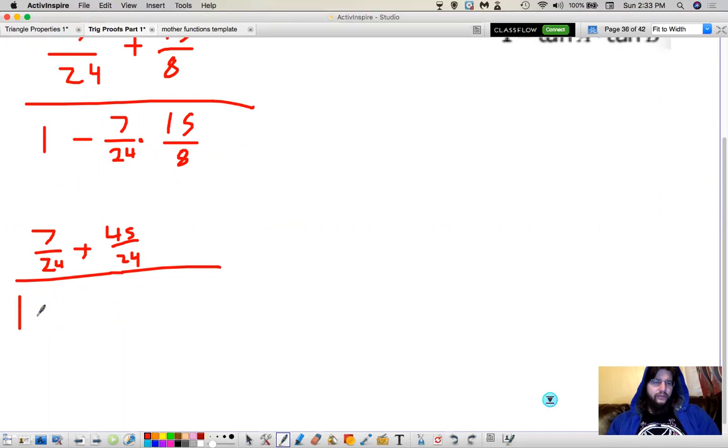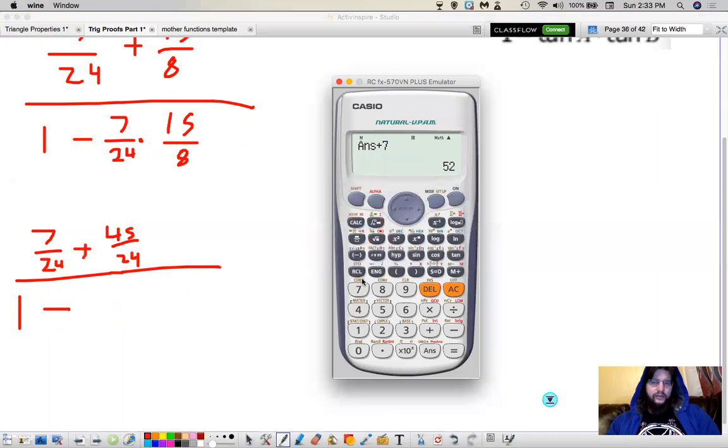On this one, we're just going to multiply 1 minus 7 times 15. 105. Actually, let's do the whole thing in the calculator so it'll simplify it for us. That's 35/64.